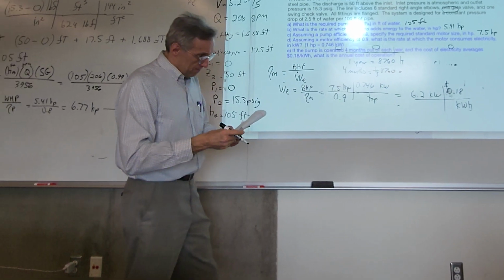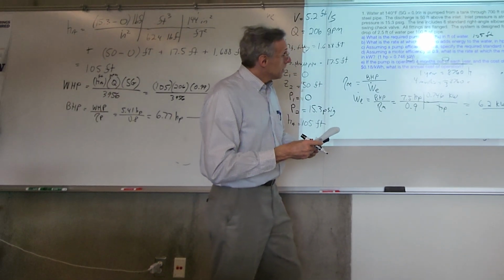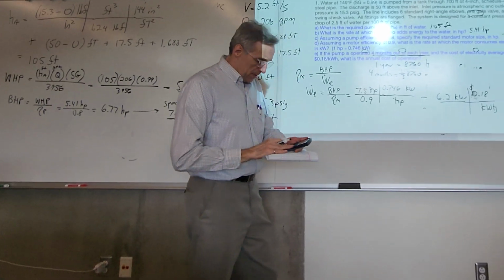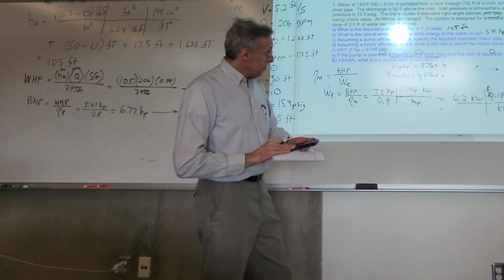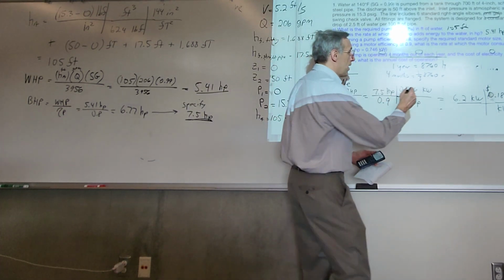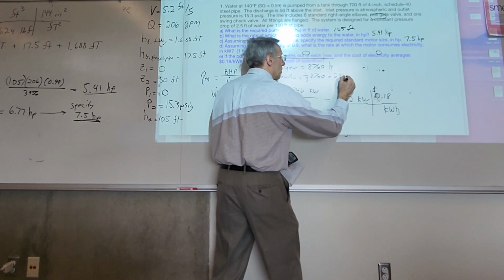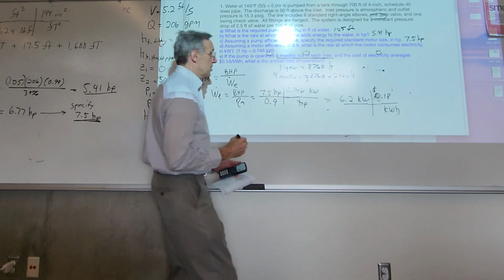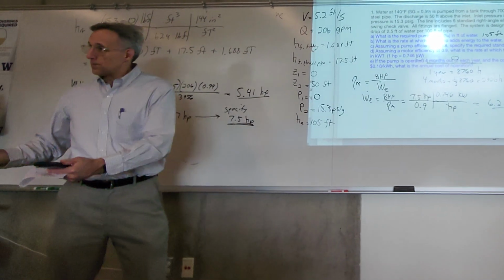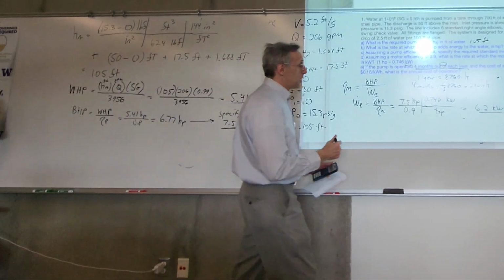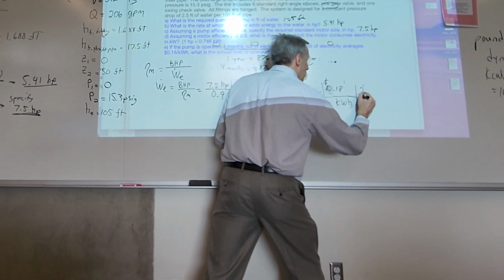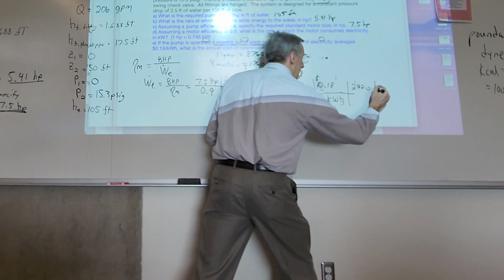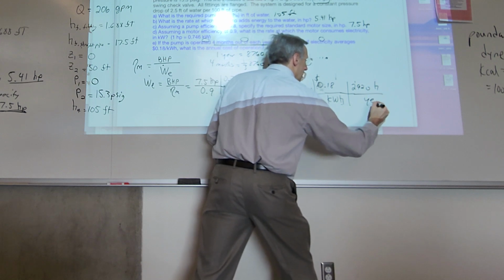I have to do the math here: 8760 divided by 3, so 2920 hours is how long we're using the pump per year. So 2920 hours per year.